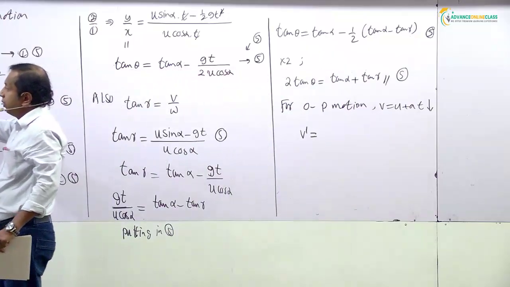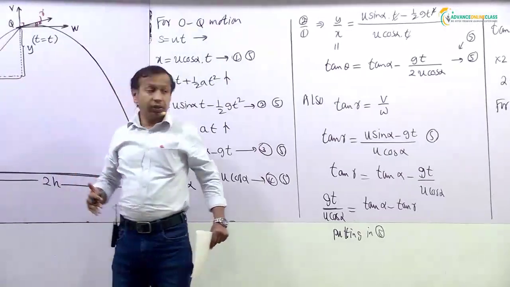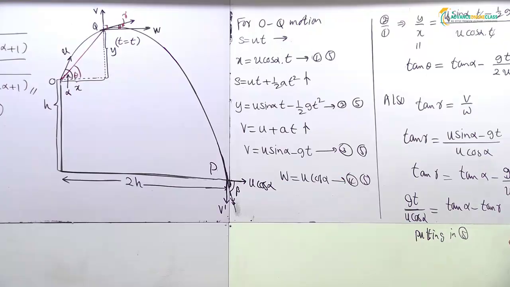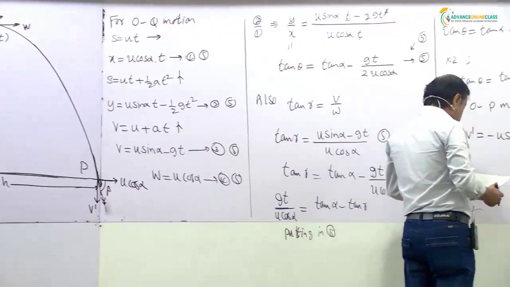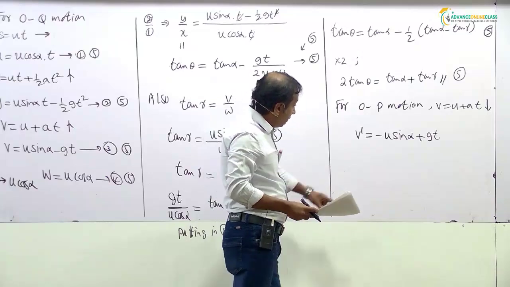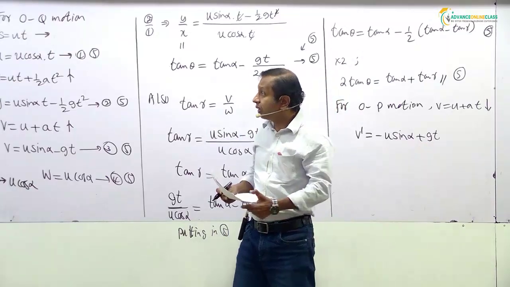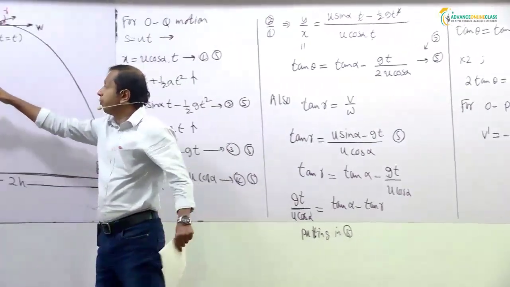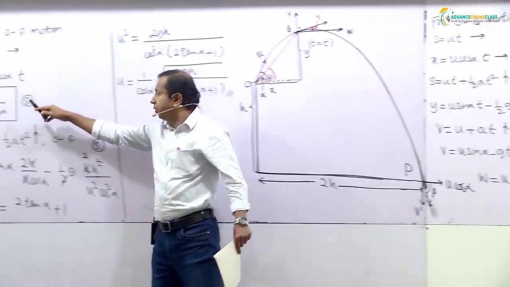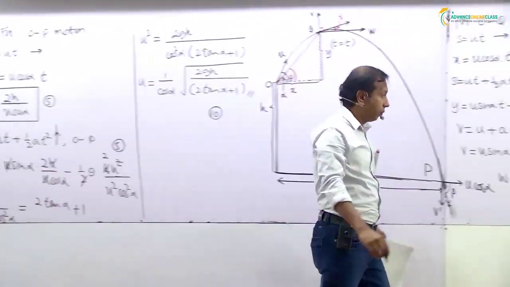Initially, U sine alpha upwards, so minus U sine alpha, plus G times T. But this T is the total time particle takes to move from O to P. That time here we found 2h over U cos alpha, no?